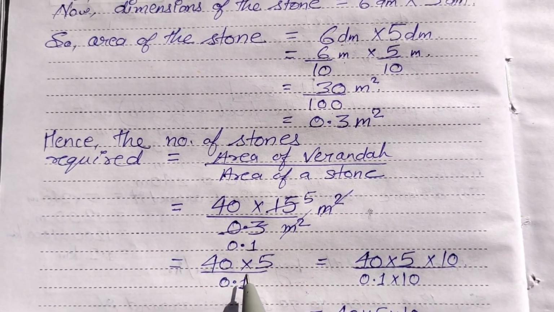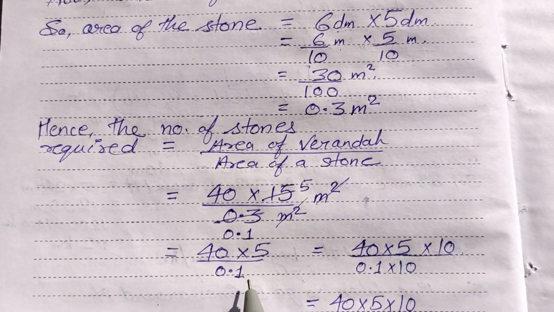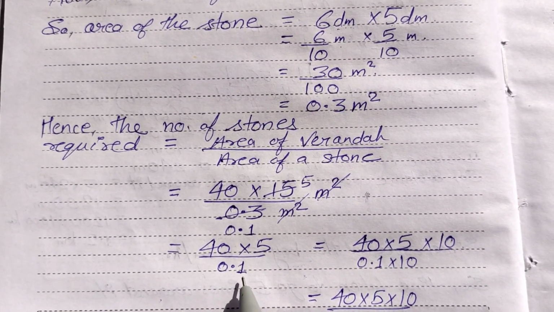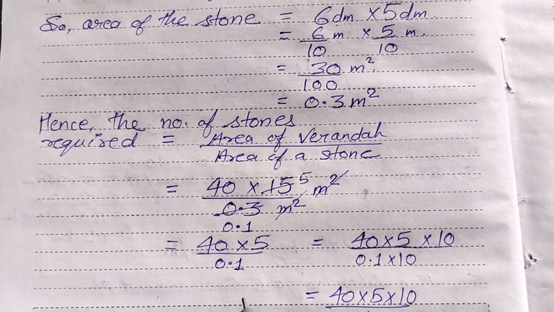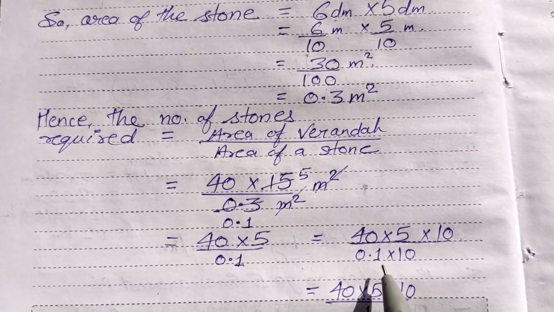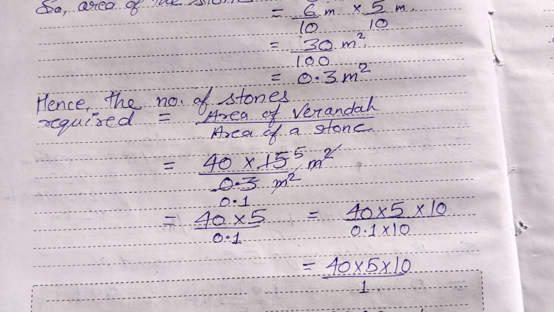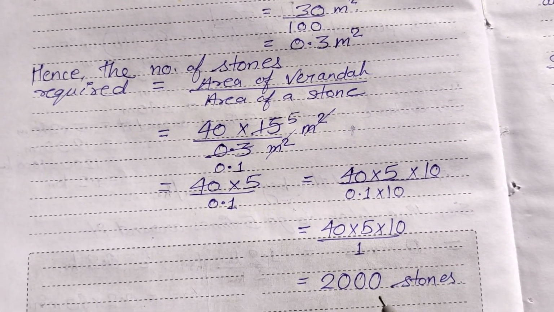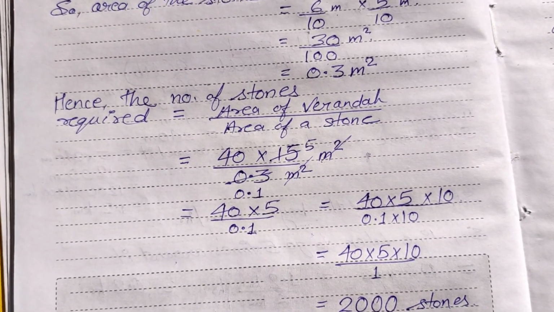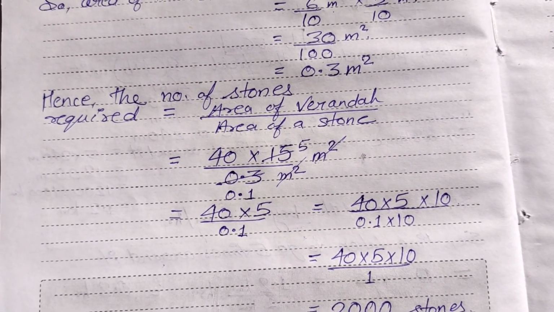Now we have 40 multiplied by 5 upon 0.1. Now convert this 0.1 into a whole number, so we multiply by 10 on both sides. Now we have 40 into 5 into 10 upon 1. Calculating this, we have 2000 stones. Hence the number of stones required is 2000 stones.